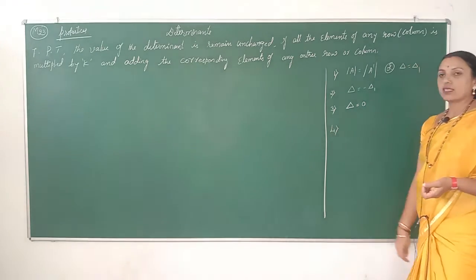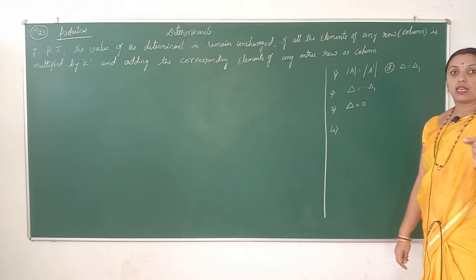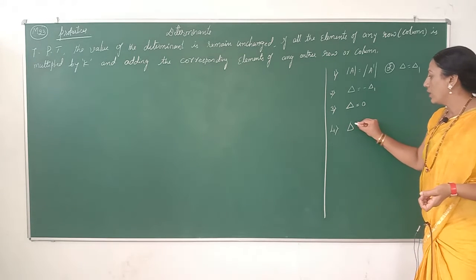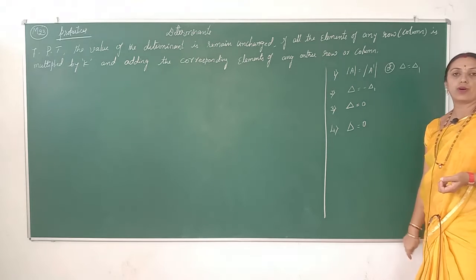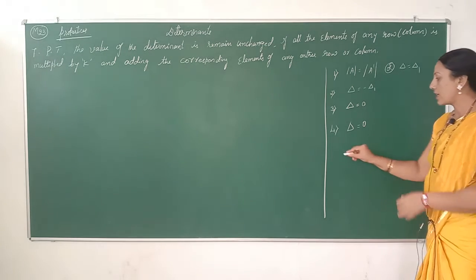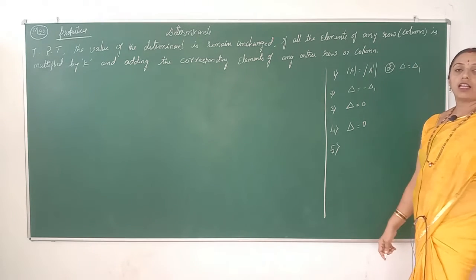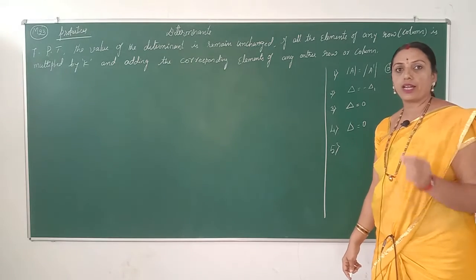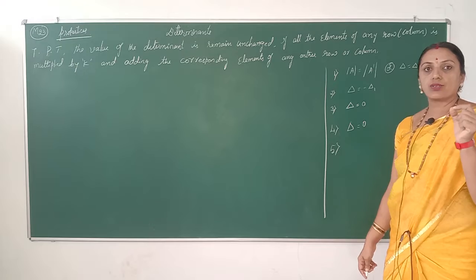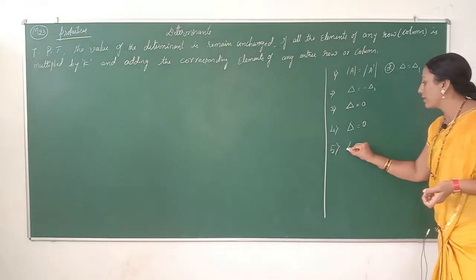Now the fourth one: the value of the determinant is 0 if all the elements of any row or any column are 0. Then the fifth one: if all the elements of any row or any column are multiplied by some non-zero scalar number k, then the whole determinant is multiplied by k.